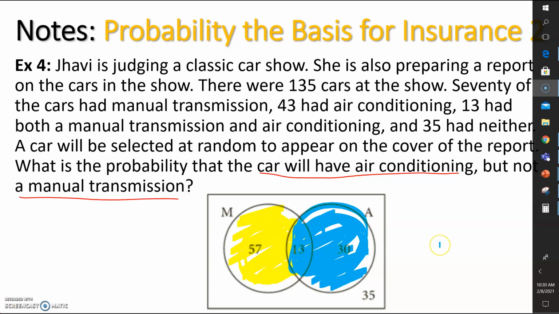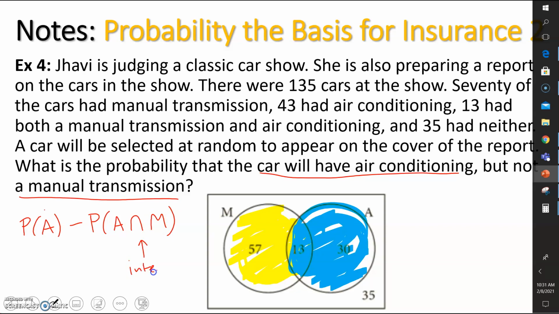So what we're going to do is find the probability of A, or air conditioning, and then subtract the probability of A where it intersects M. So this here is an intersection.